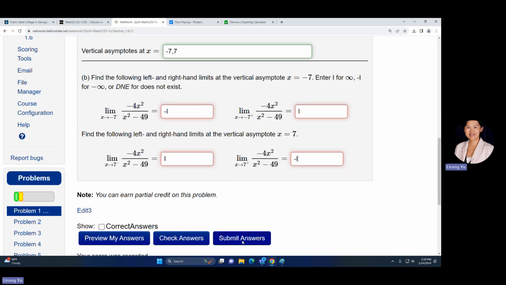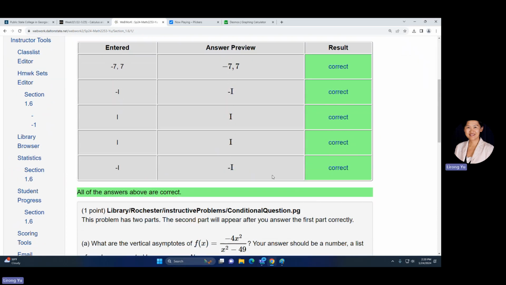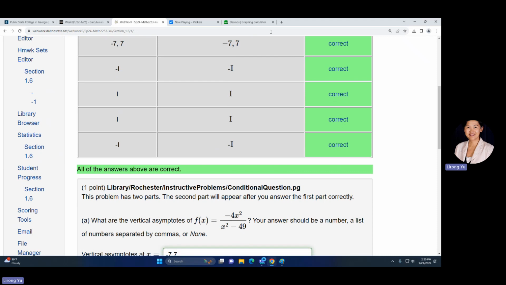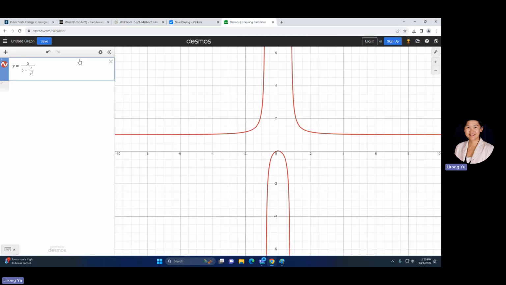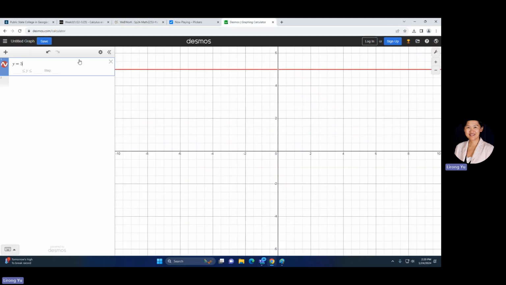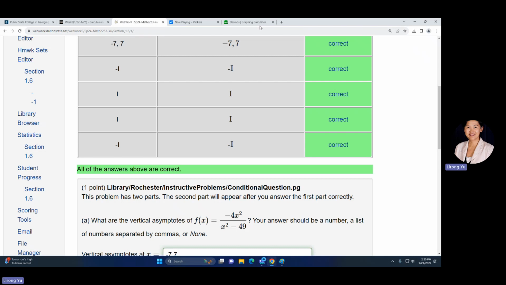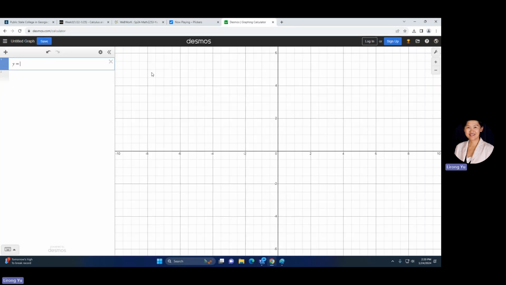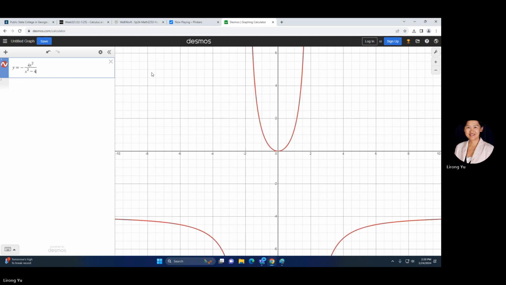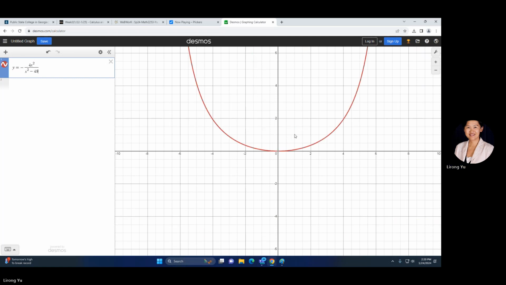So you can also look at the graph. It's definitely quicker, but having the ability to do both would be a lot more beneficial. Negative 4x squared over x squared minus 49.